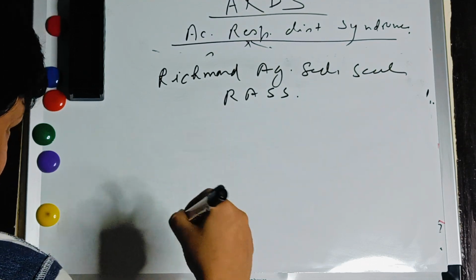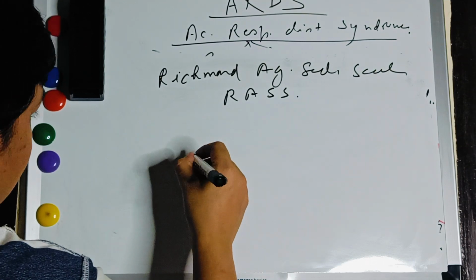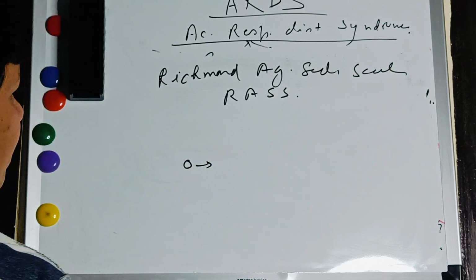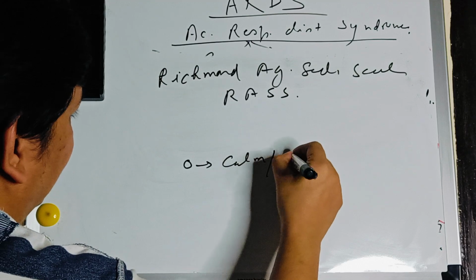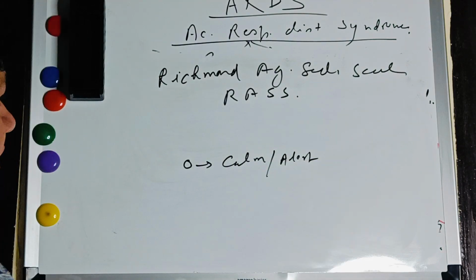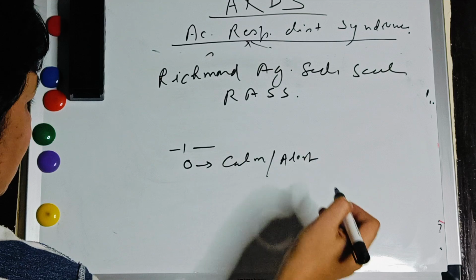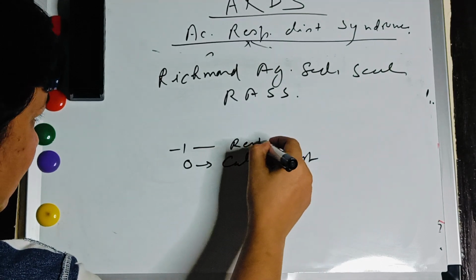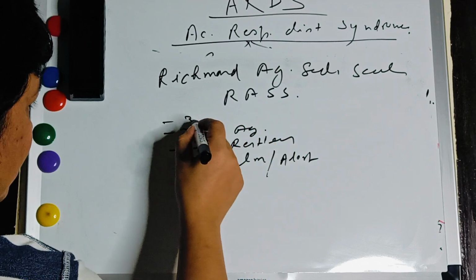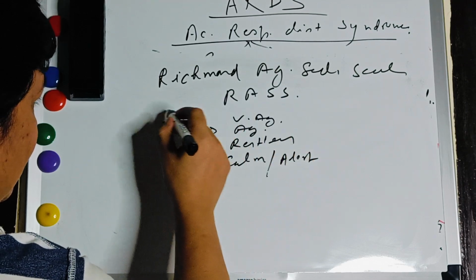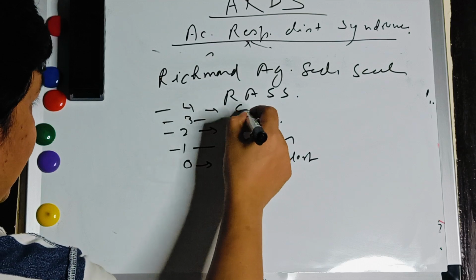It has the following grades. At the zero score, the patient is calm and alert. At -1, it is restless. -2, agitated. -3, very agitated. And -4 is combative.